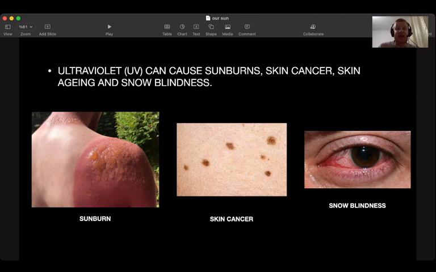So you also need to take really big caution when you're walking around in the snow in the winter, or when you're on the high mountains somewhere in the world. The Alps, Mount Everest, the Rocky Mountains in the United States, anywhere in the world, guys, take good care of yourself if you're in the sun.